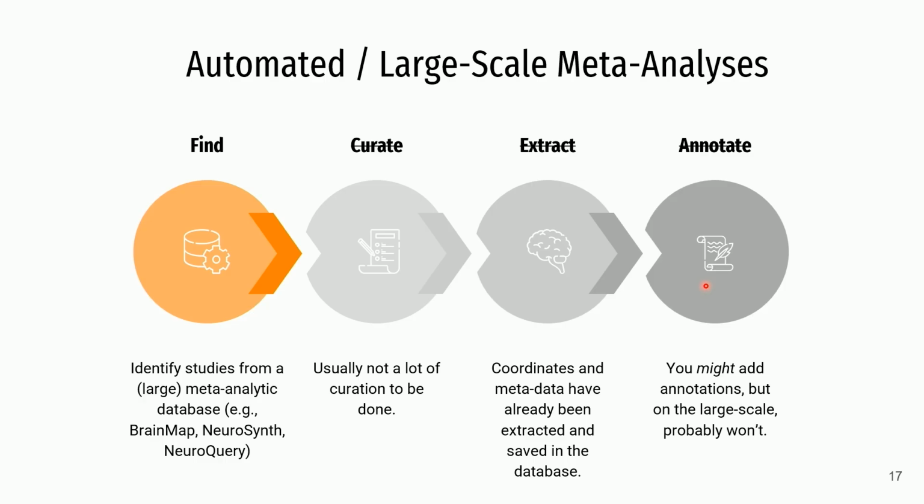You're not having to extract coordinates. It's already in your database. The metadata has already been extracted, that's available, and it's already there. You might add some annotations, but on the large scale side, if you're using something like 500 or 1,000 studies, the work that you put into it is probably not worth the return.